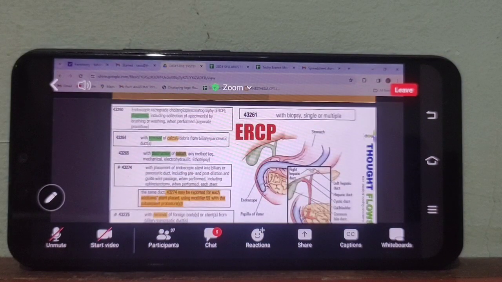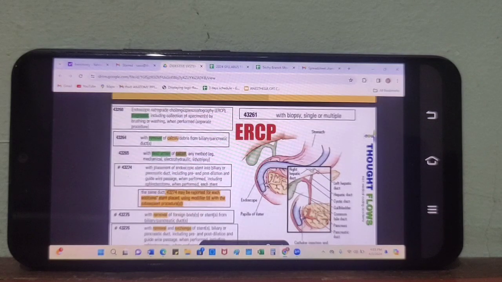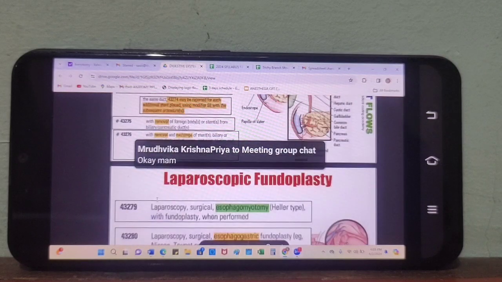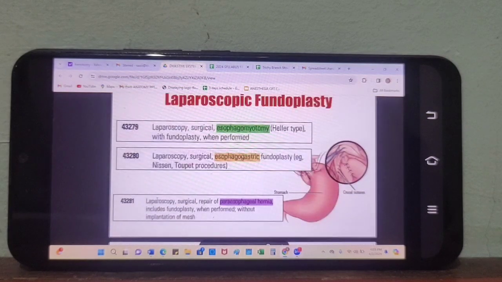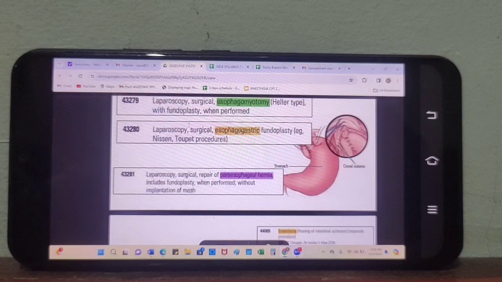Okay, then these are the code sections for ERCP. Same like that, you have to check whether the termination point is reached or not. Any doubt in scopy? Ma'am, if the end is not reached, what to do?